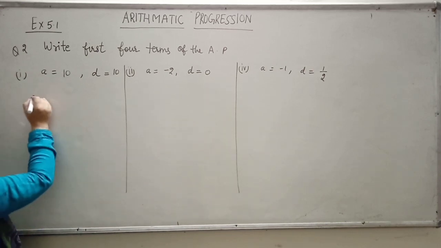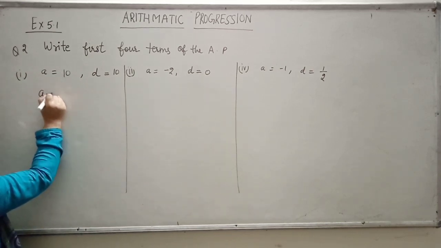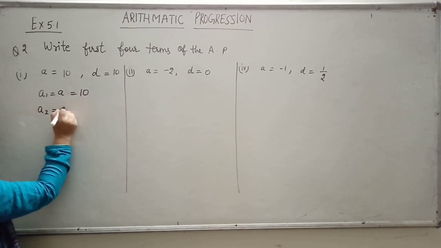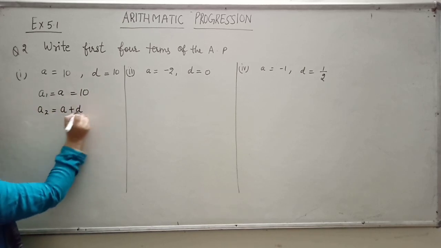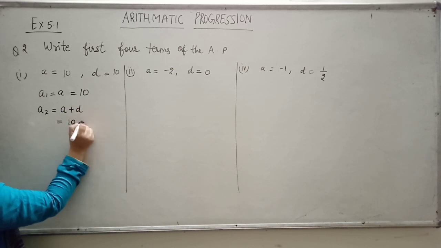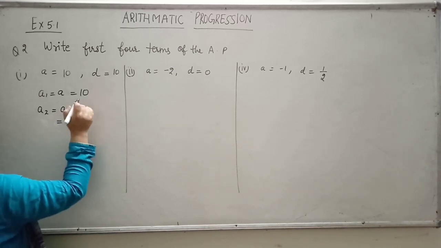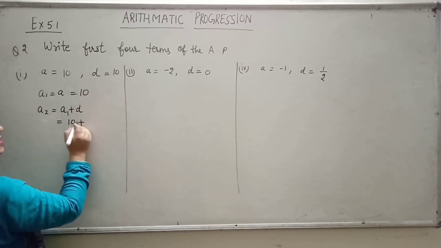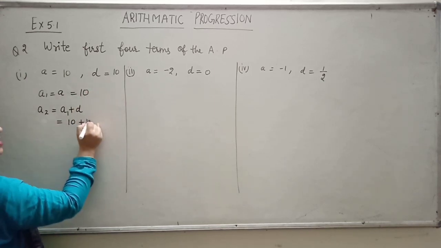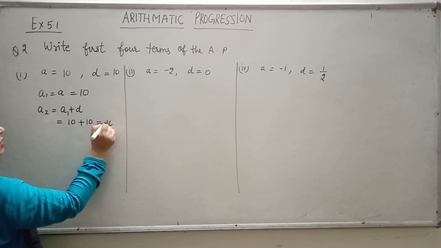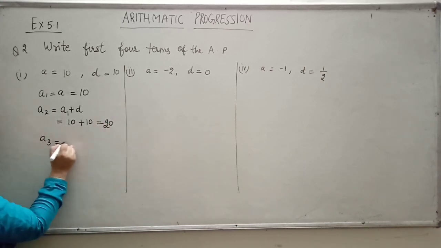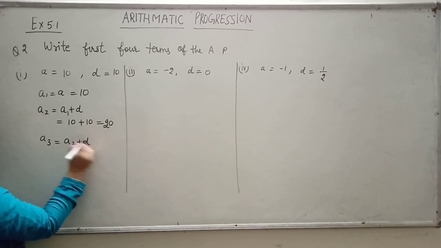We know that A1 is A, that is 10, and A2 is A1 plus D. A1 is 10 plus D, that is also 10. So it becomes 20. A3 is A2 plus D. What is A2?